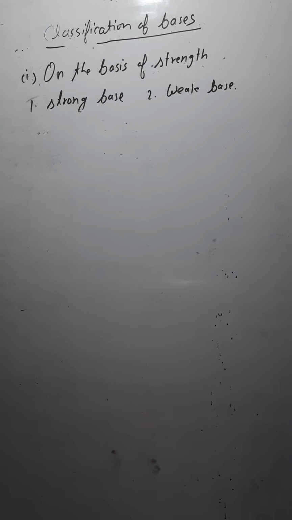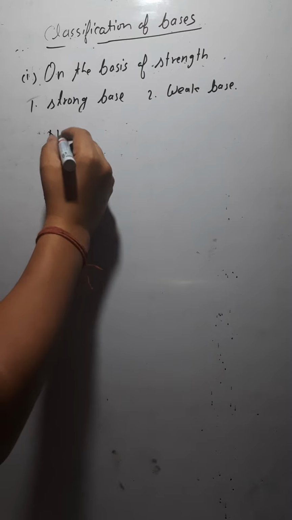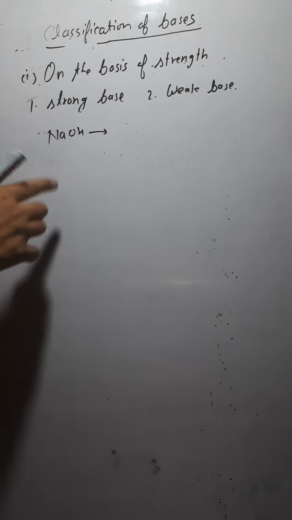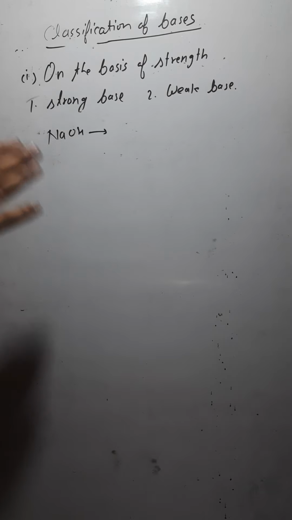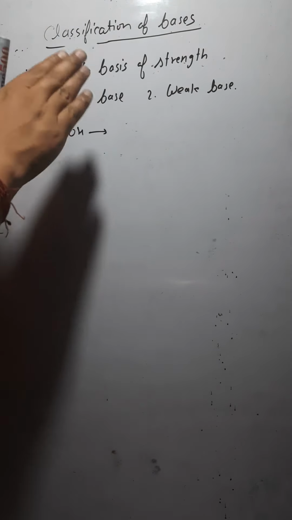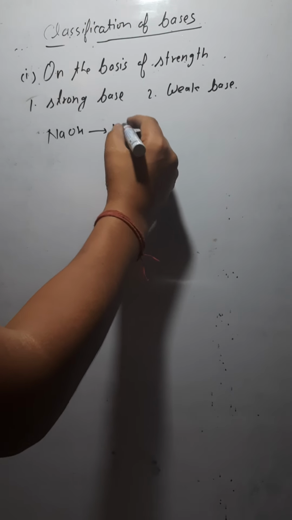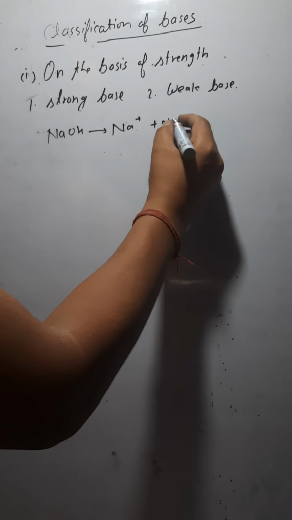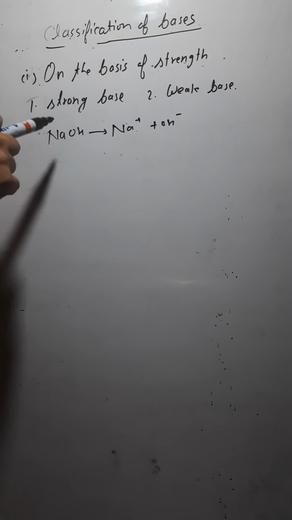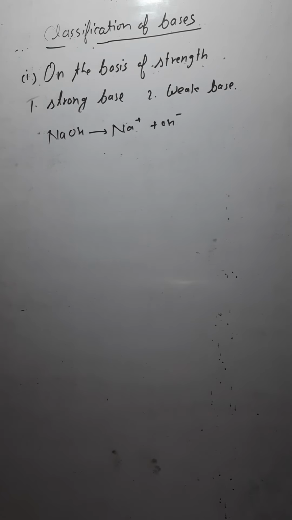Are you getting this? For example, we have a base here, that is NaOH. So in its aqueous solution, NaOH would undergo complete ionization, means it would be separated into all the positive and the negative ions, Na positive and OH negative ions. So this is how ionization will take place in case of NaOH, that is sodium hydroxide.